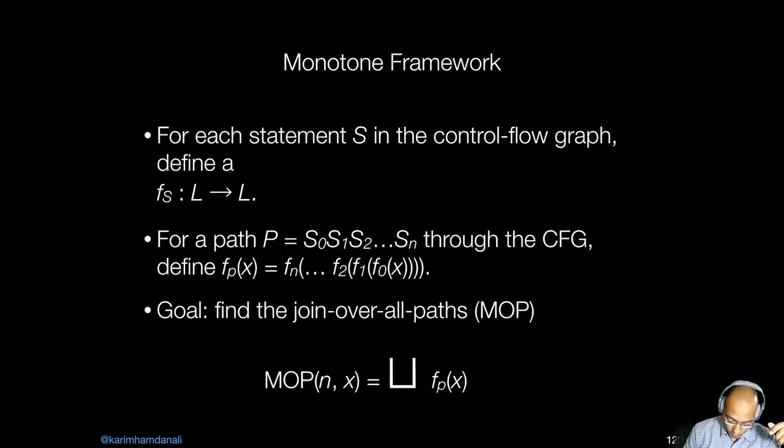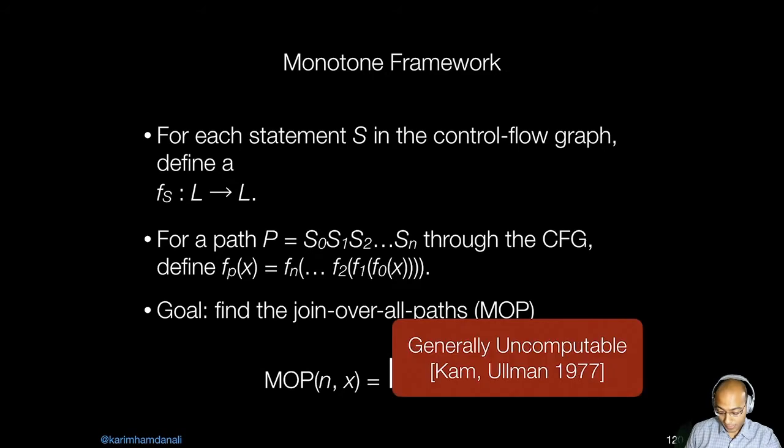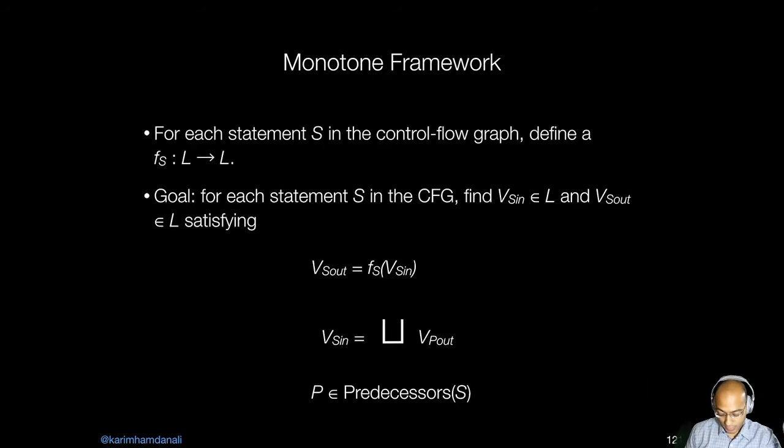So this is a subtle difference compared to here, where you just apply the function composition all the way from the very initial point of the program up to that point in the program, and then you find the join over all paths. Here, in this case, we're going to have some intermediary steps along the way. And we'll see that will enable us to have a computable solution at the end. And we are going to try to make it as precise as possible compared to the actual solution that we would have ideally computed.